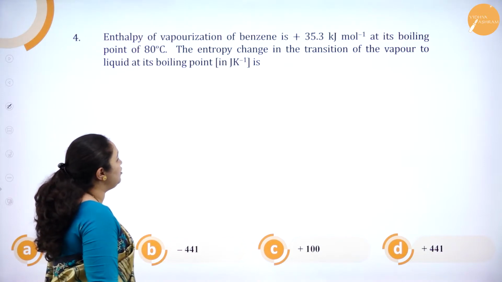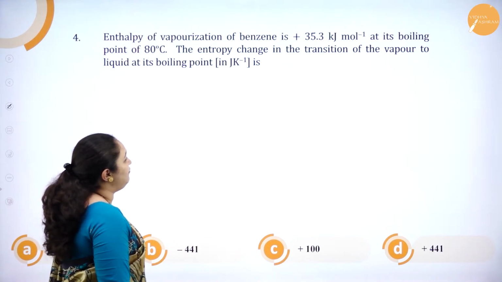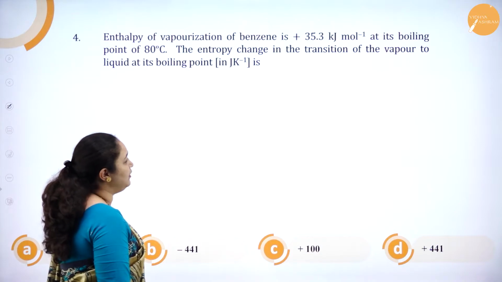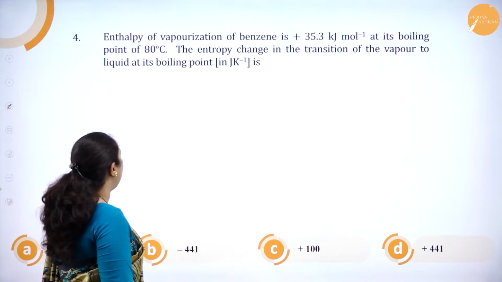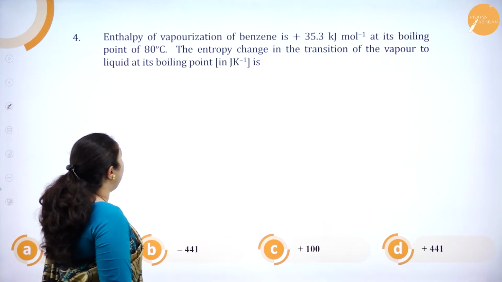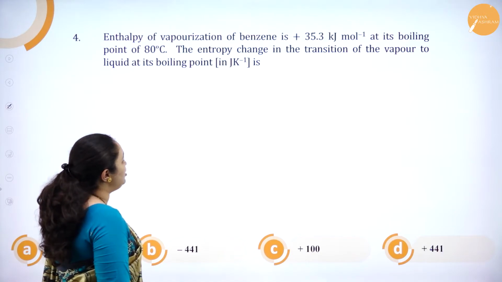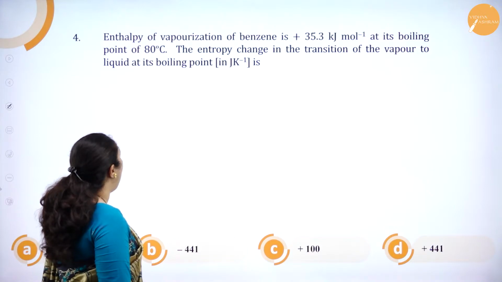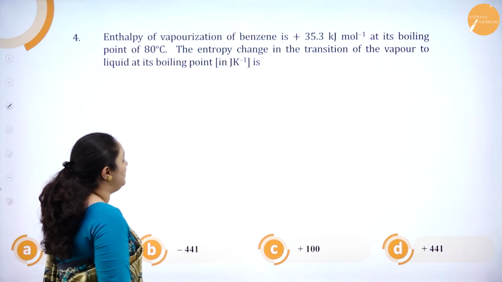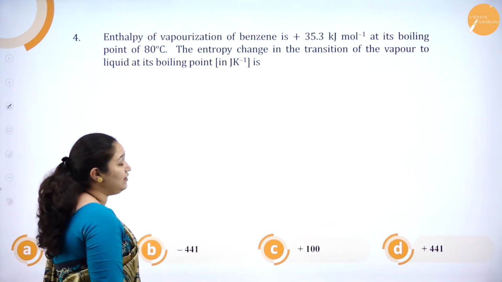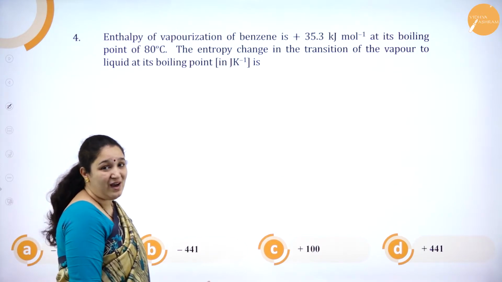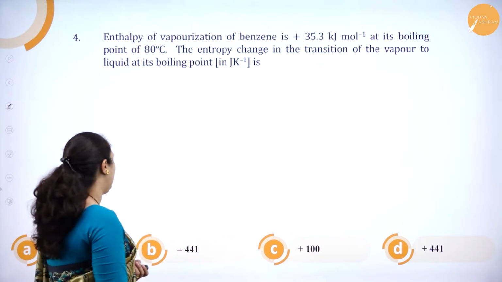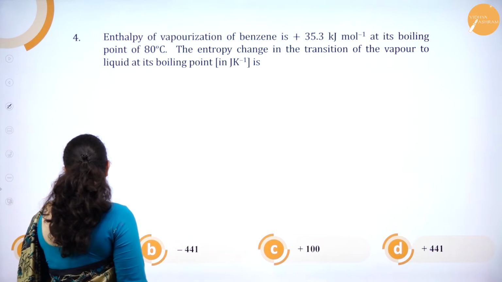Enthalpy of vaporization of benzene is plus 35.3 kilojoule per mole at its boiling point of 80 degrees Celsius. The entropy change in the transition of the vapor to the liquid at its boiling point is, I want the answer in joule per Kelvin. We'll just see the options.